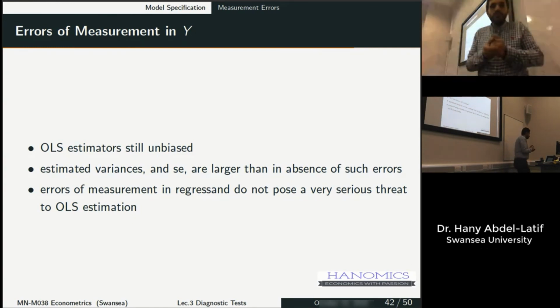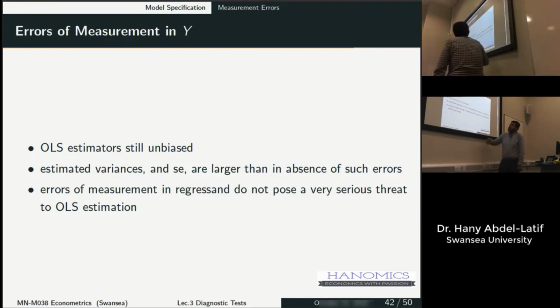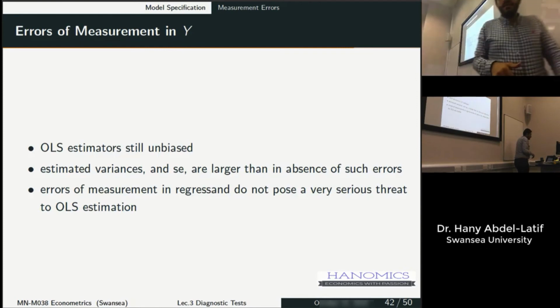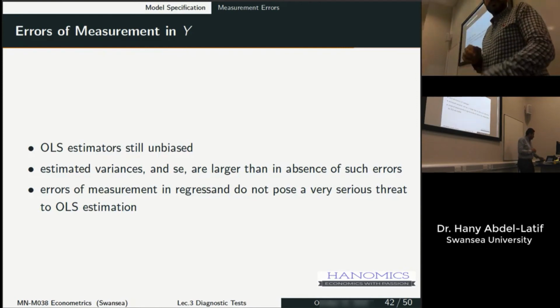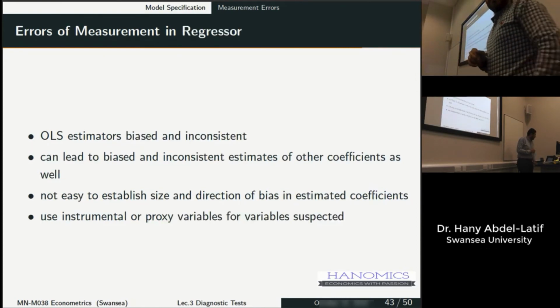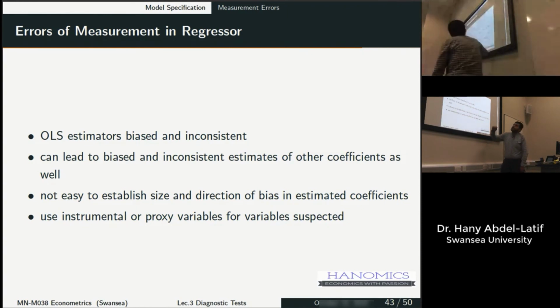Because in that case, all the estimators are still unbiased, but the estimated variances are larger than in the absence of such errors. That's why I'm saying it's more serious when the errors are in the x's, because it creates biased estimators.